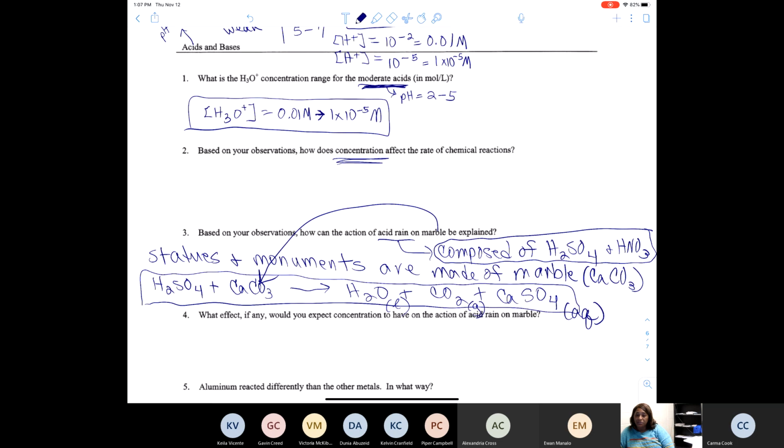So therefore, acid rain is not only a problem with causing lakes and rivers and even oceans pH to be lowered, which is called ocean acidification. But acid rain also poses another problem when we talk about our statues and monuments, that they get broken down over time. And acids, as we also saw, react with metals.